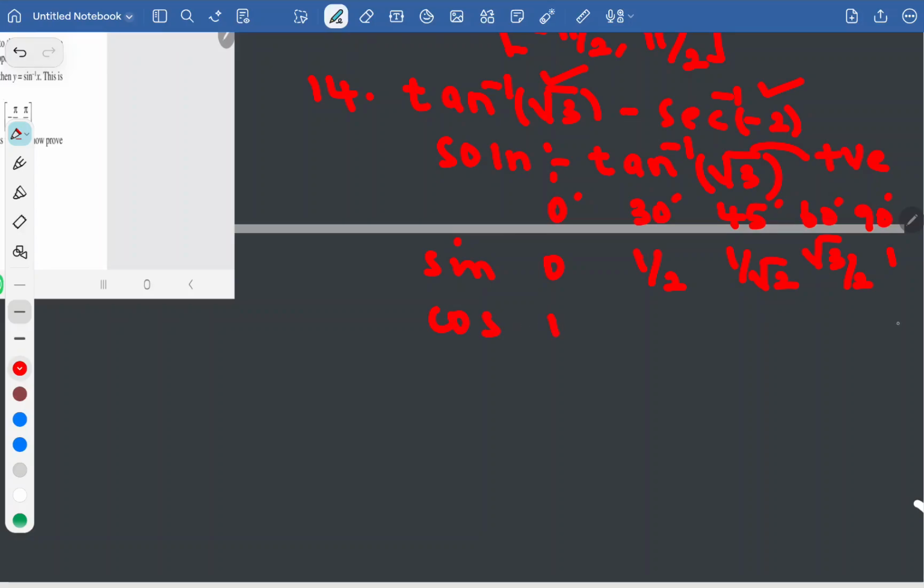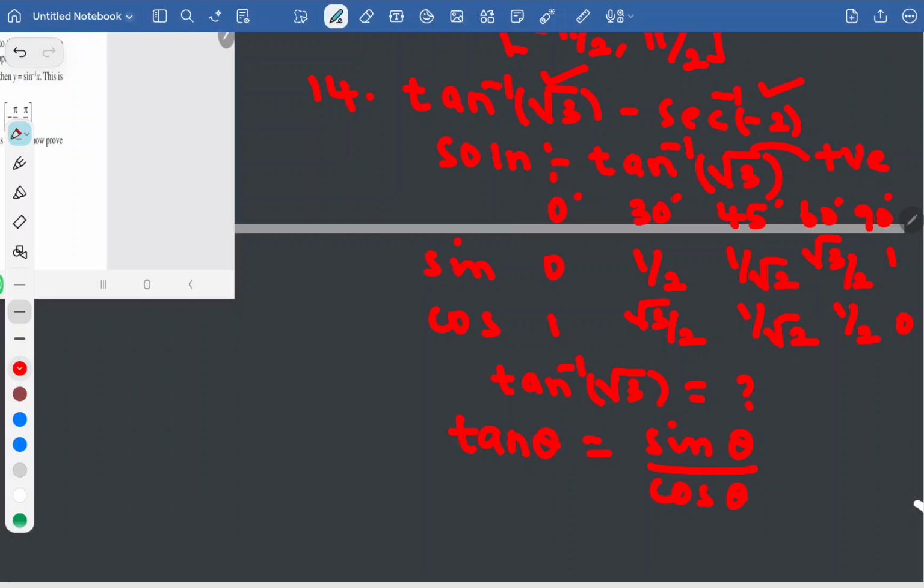Cos 0 is 1, cos 90 is 0, cos 30 is root 3 by 2, cos 45 is 1 by root 2, cos 60 is 1 by 2. We need the value of tan inverse of root 3. We know very well that tan theta is sin theta by cos theta.